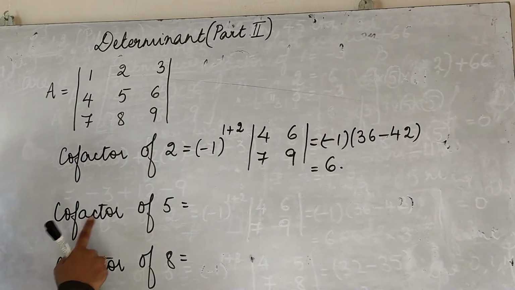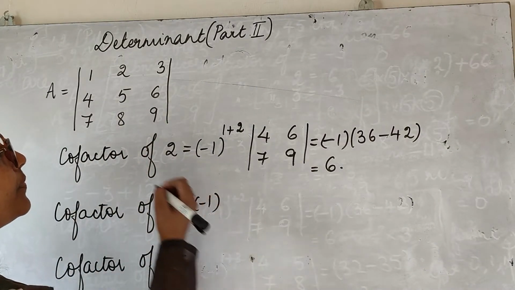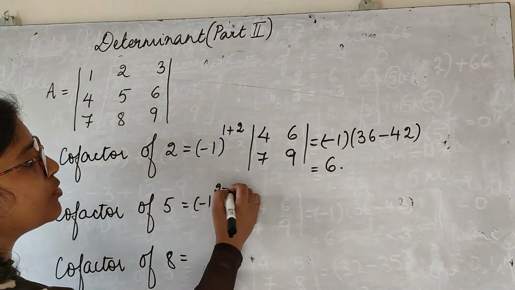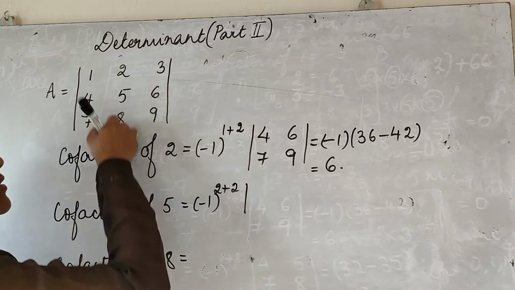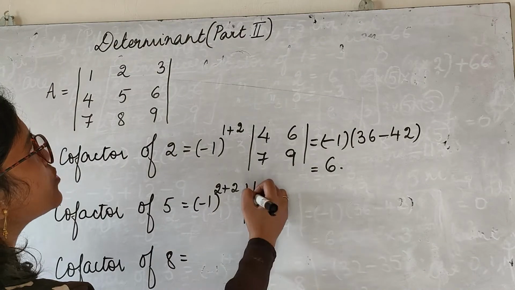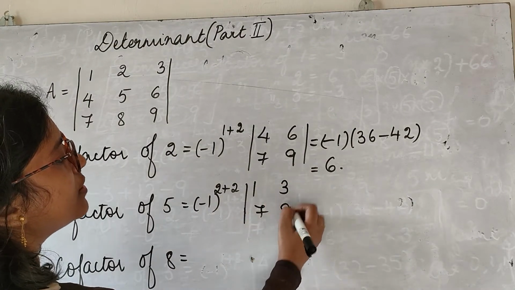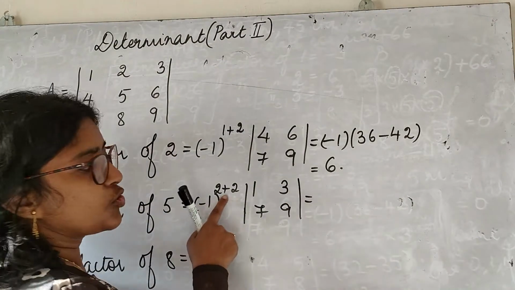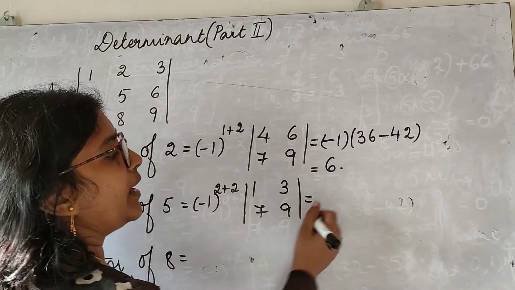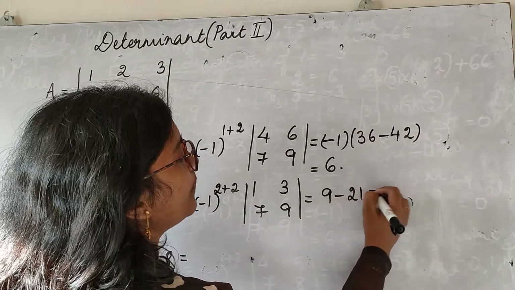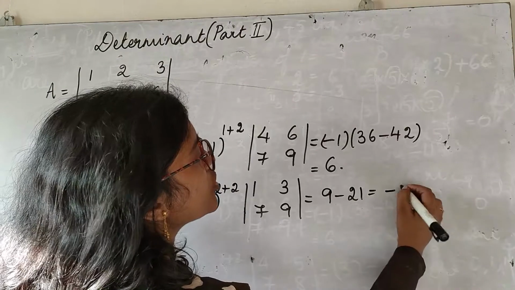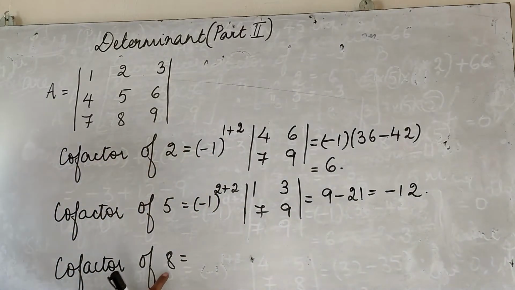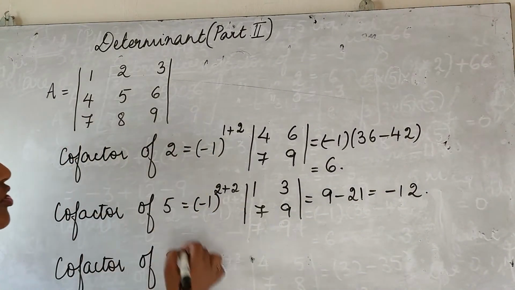Cofactor of 5, second row, second column entry. Don't write that. Write the remaining, that is 1, 3, 7, 9. So that makes it minus 1 raised to even number 1 and 9 minus 21. That is minus 12. For 8, it is which row?